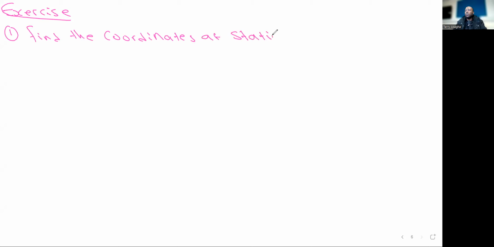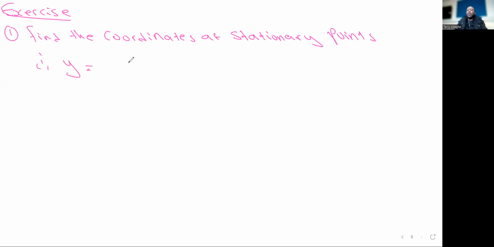All right, so let's look at this exercise here. Number 1, find the coordinates at stationary points. I want you to find the coordinates at stationary points for this one.